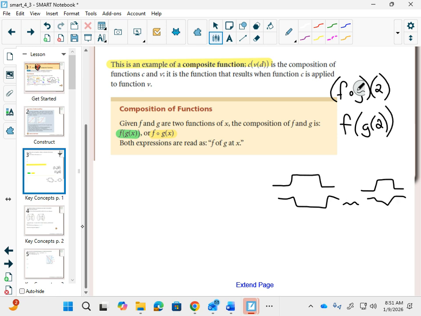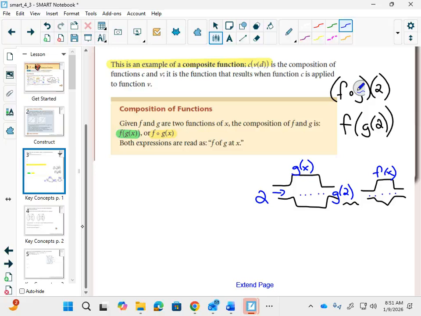Now, whoa, that machine's a little bit long. f of g of 2 would be saying, I'm going to put 2 into g of x first. Something's going to come out. What's going to come out is whatever g of 2 is. That answer is going to go on a conveyor belt and then go into f of x. And an answer is going to come out after that.